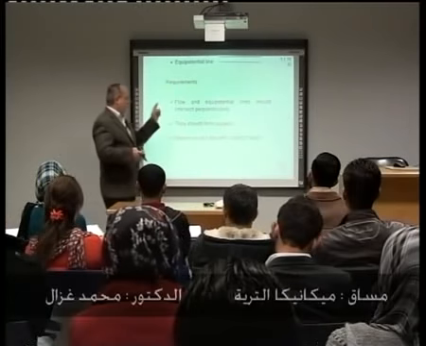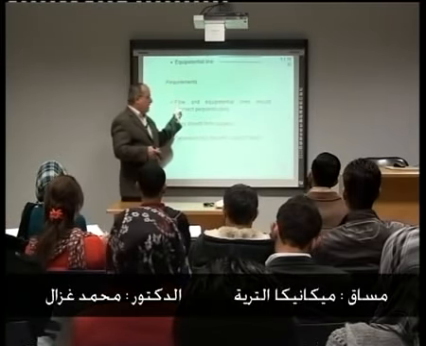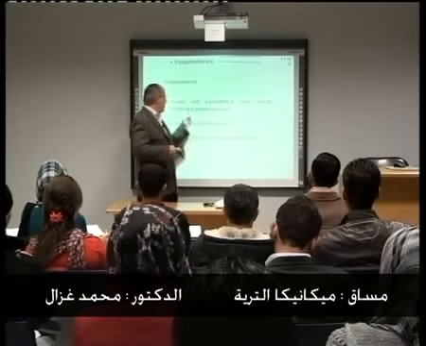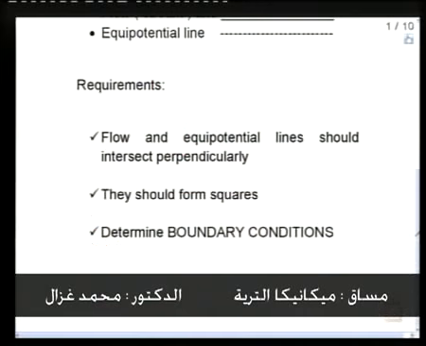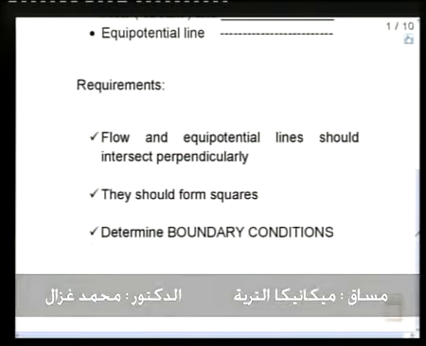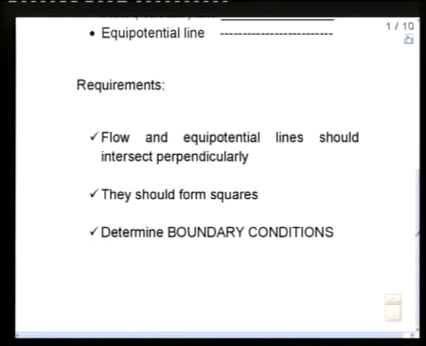First of all, flow lines and equipotential lines should intersect perpendicularly. We solved this problem, okay? We solved one problem, which is the shape, okay? Because they should intersect perpendicularly, it means that there are two lines, right? These are, for example, one line, and this one line. This is wrong, right? Because they don't intersect perpendicularly, right?